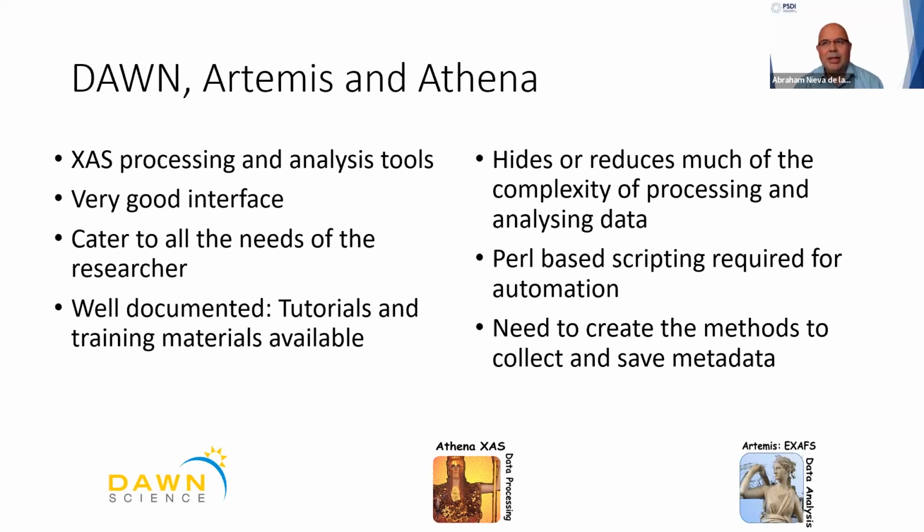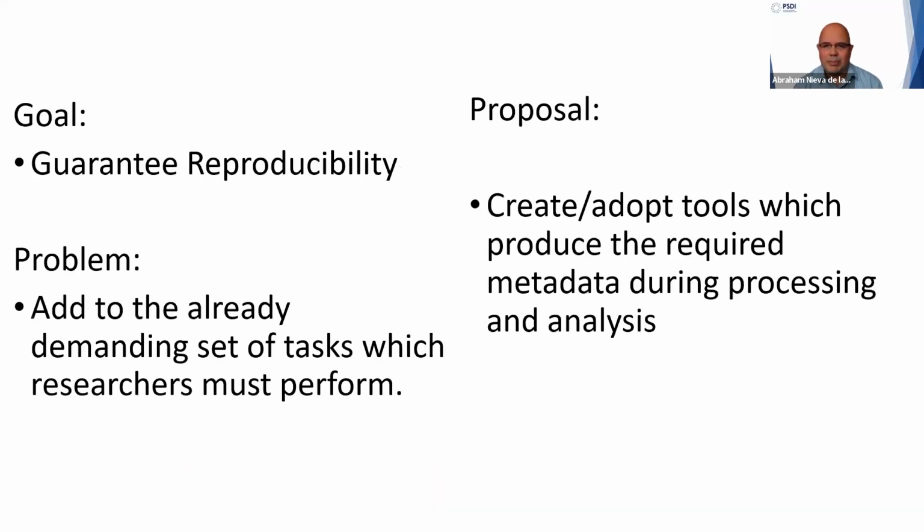They are well documented, but for high throughput experiments, they tend to form this bottleneck because we are still depending on this user interface that hides the complexity of the processing and analysis, and also doesn't produce all the metadata that we would want. So our goal is to guarantee reproducibility. To some extent, the problem is that this could add to the already demanding sets of tasks of the researchers.